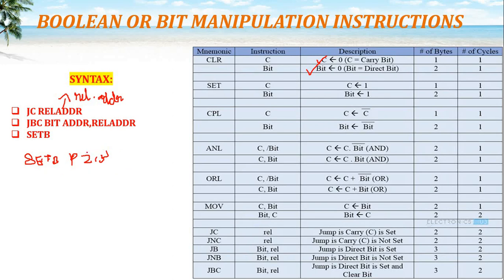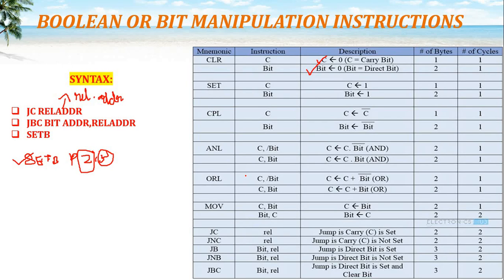This 2 is the port address, and I'm going to set the 5th bit, the 5th pin. If I'm going to set a particular pin or a particular bit, at that time I can use this set bit instruction.